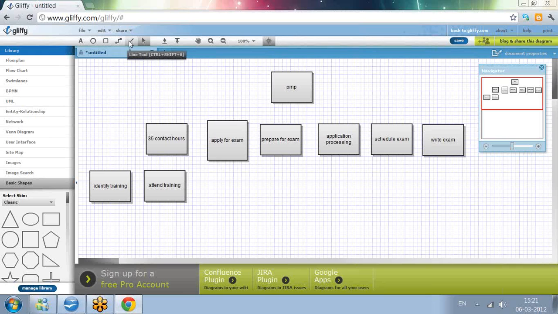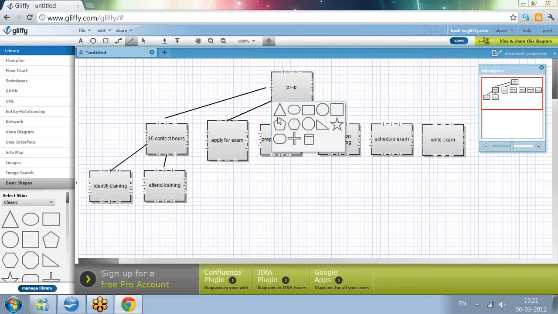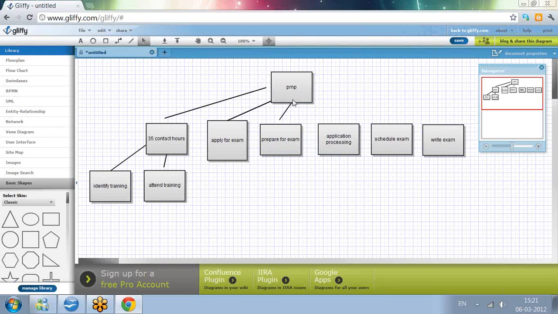Here all I need is, here, this is a hierarchy, here there is a hierarchy, here also there is a hierarchy, here also there is a hierarchy.